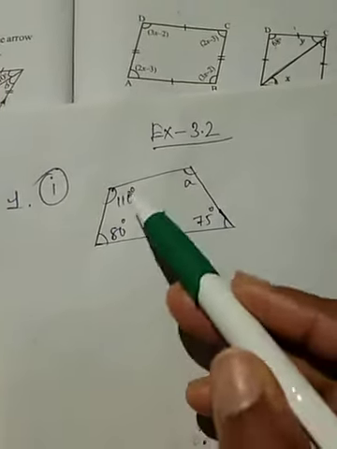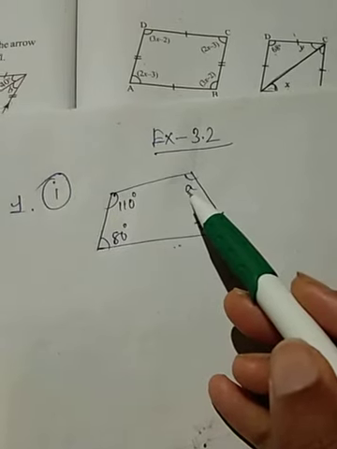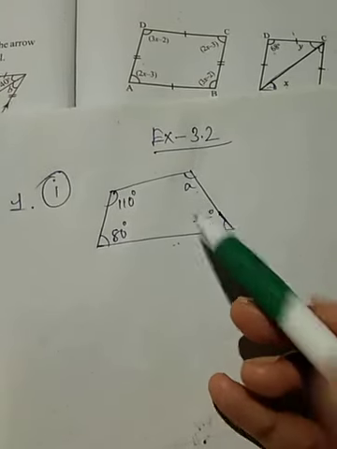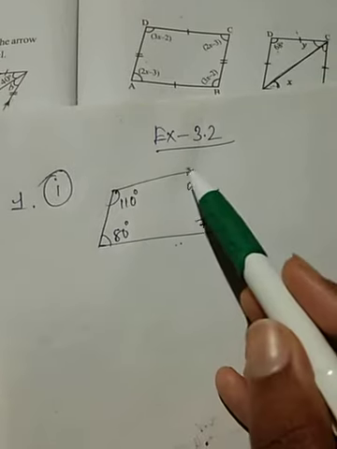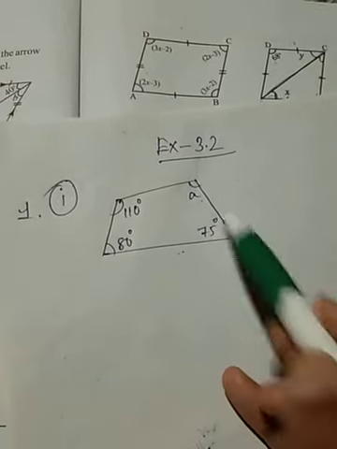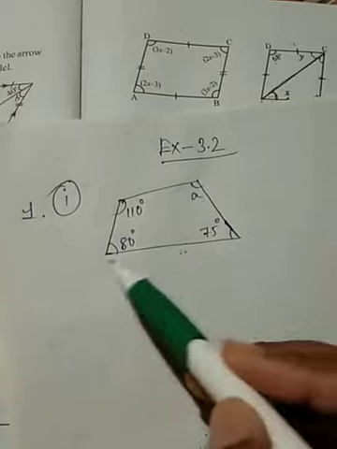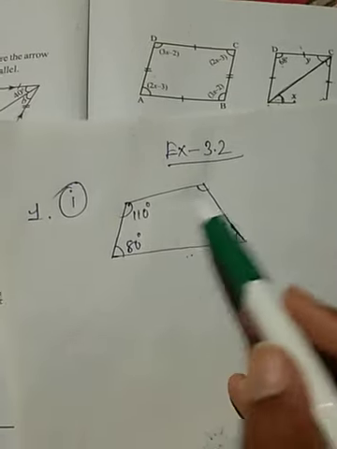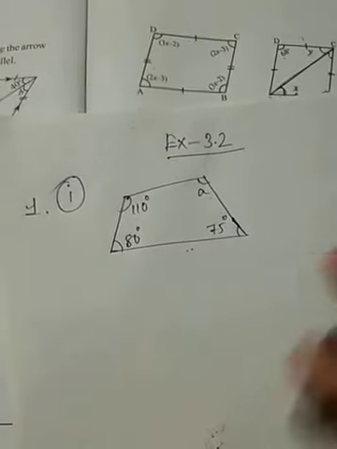Now see, in this figure you have to find the unknown quantity A. At first you see what type of figure this is. This is a quadrilateral, and this quadrilateral is called a parallelogram.